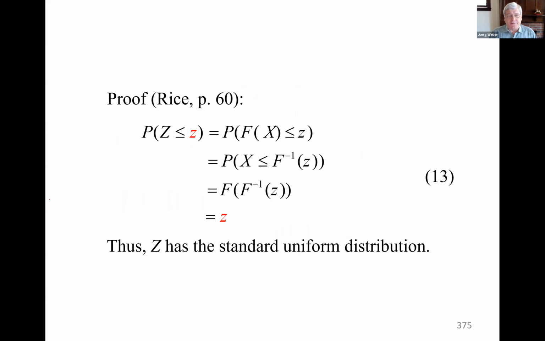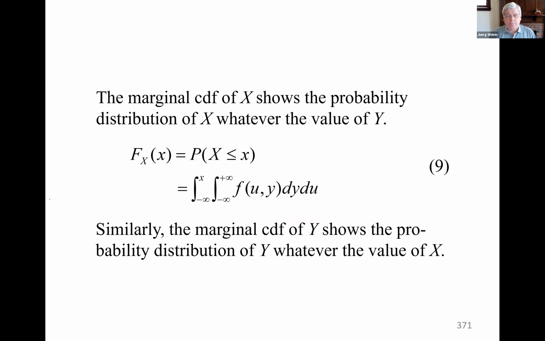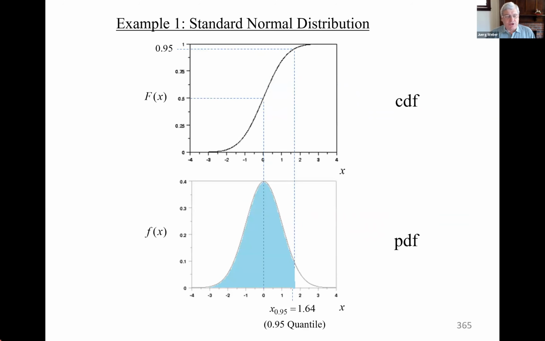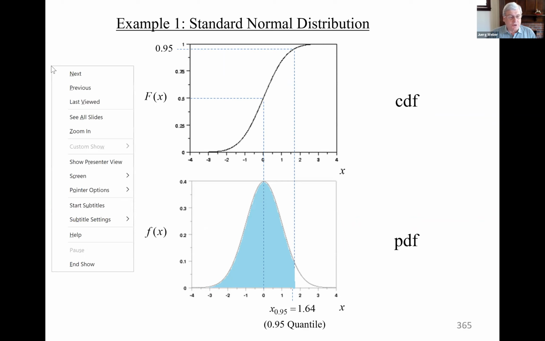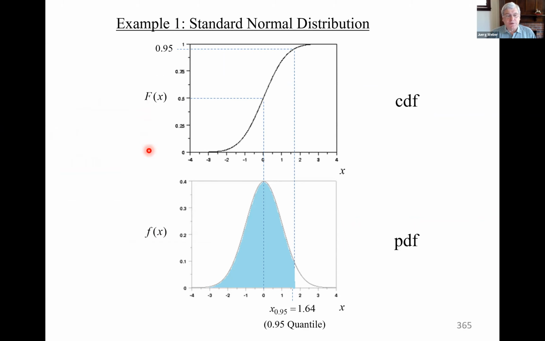So what we have discussed here, we did just for a single random variable, and we said that what's on top is uniformly distributed.